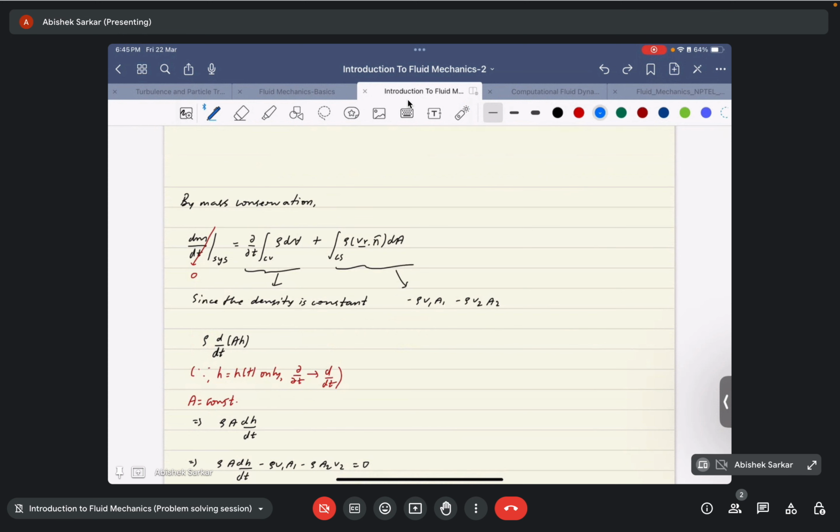So if we do that, then it is rho times the volume integral, which is basically the instantaneous volume of the fluid within the container.